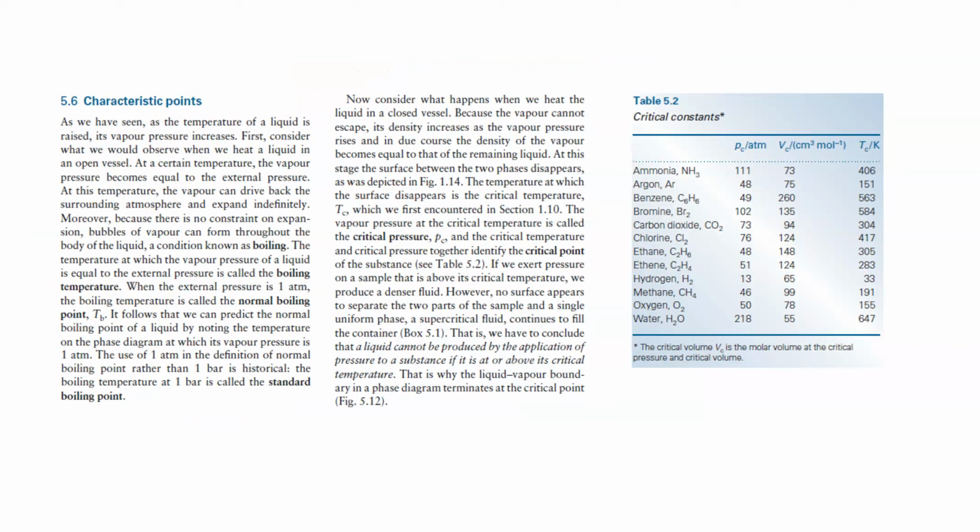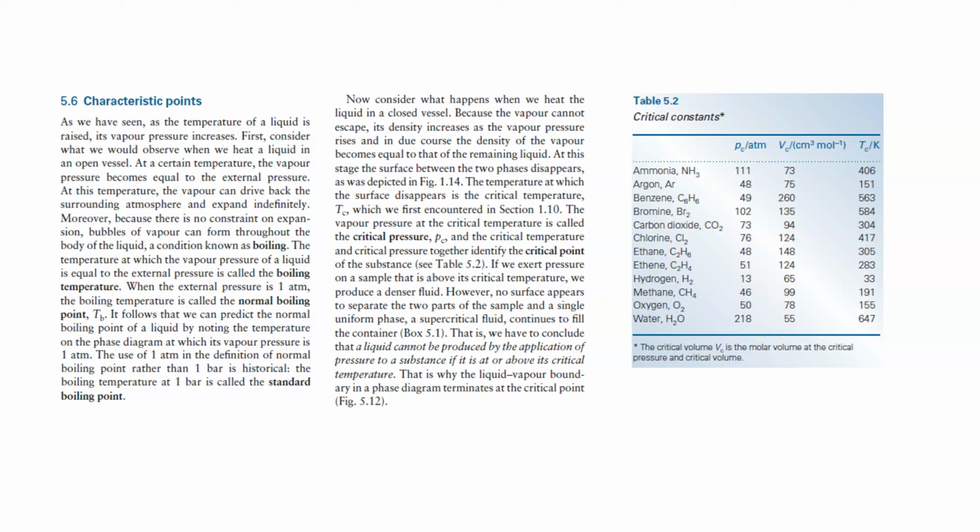So, characteristic points. As we've seen, as the temperature of a liquid is raised, its vapor pressure increases. First, consider what we would observe when we heat a liquid in an open vessel. At a certain temperature, the vapor pressure becomes equal to the external pressure, and at this temperature, the vapor can drive back the surrounding atmosphere and expand indefinitely.